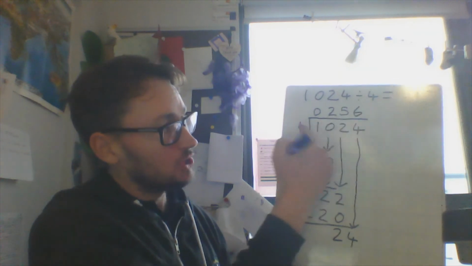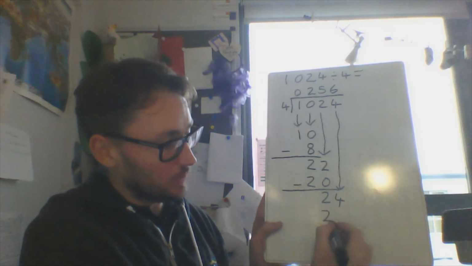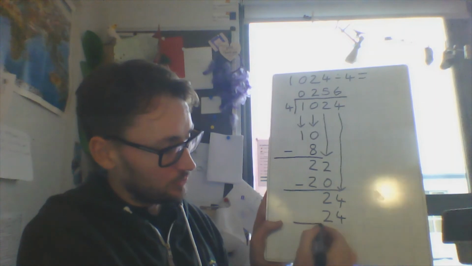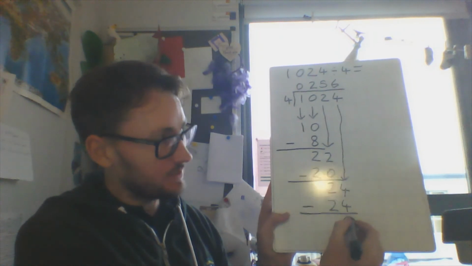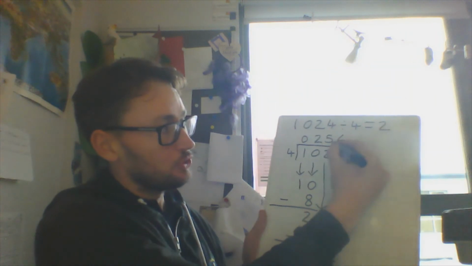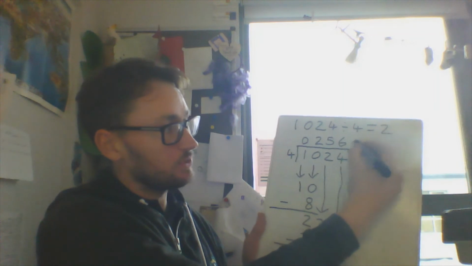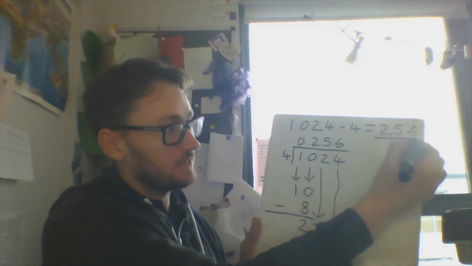Subtract that, and we're left with 0. 1,024 divided by 4 is 256.